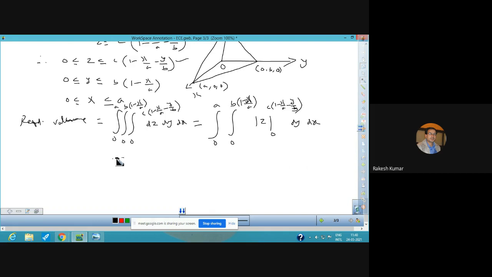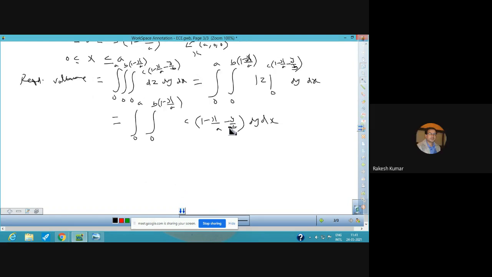So you can put the limit. 0 to a, 0 to b into 1 minus x over a. When you substitute the limit, you will have c into 1 minus x over a minus y over b, dy dx. Now you can integrate with respect to y here. So c can be taken common: integral from 0 to a of c times (1 minus x over a) y minus y squared upon 2b, evaluated from 0 to b into 1 minus x over a, dx.